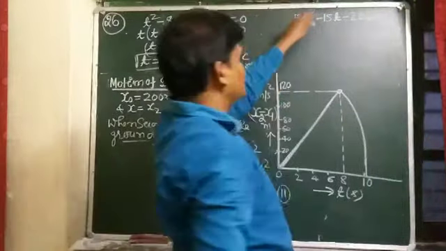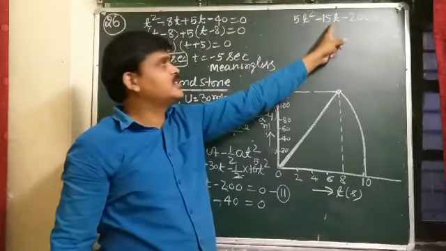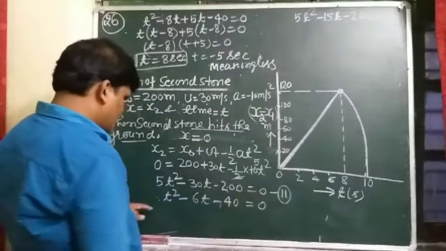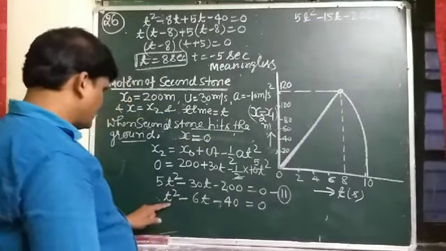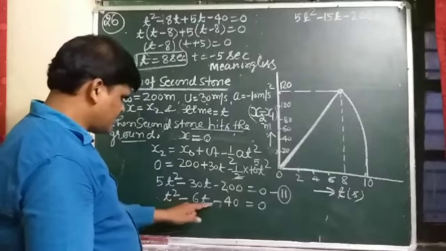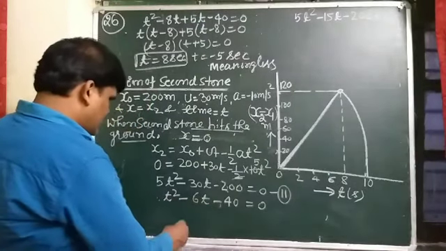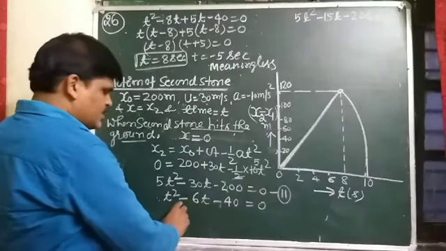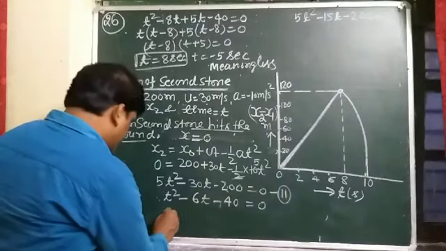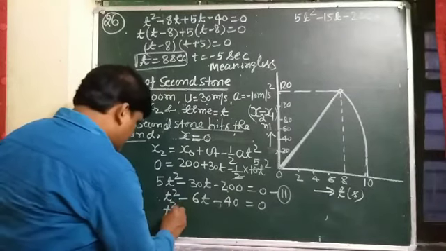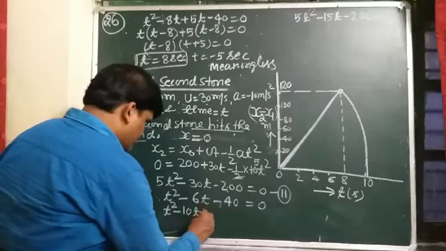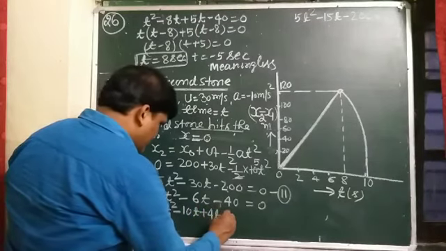This other equation is equation 2. Solving this, student, t square minus 6t minus 40, it can be written as t square minus 10t plus 4t minus 40.